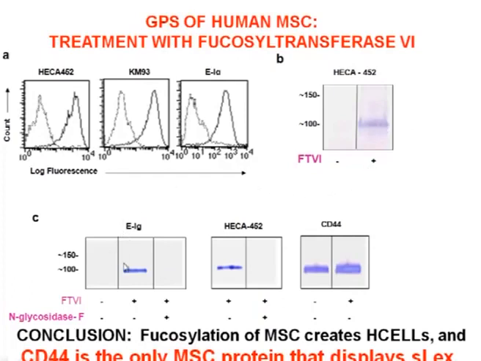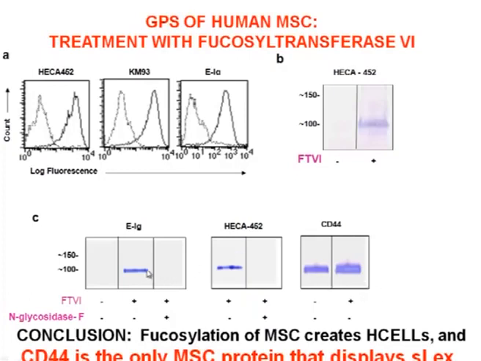And down in the lower panel, we showed biochemical evidence that it was, again, only CD44 because we immunoprecipitated the molecule. It was E-Ig reactive. It was HECA 452 reactive. If we treated the molecule with N-glycanase to remove N-glycans, the reactivity went away, confirming that the target scaffold carbohydrate was an N-linked glycan, and that this molecule, the CD44 molecule expression, did not change with regards to the fucosylation reaction or treatment with N-glycosidase F, indicating that the core molecule itself is not affected by the GPS reaction.